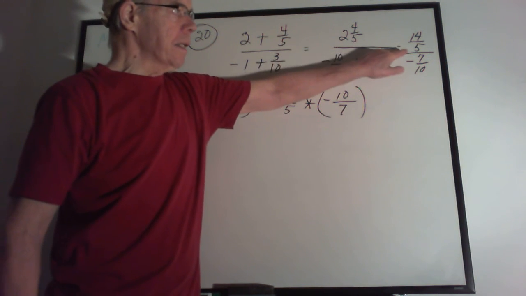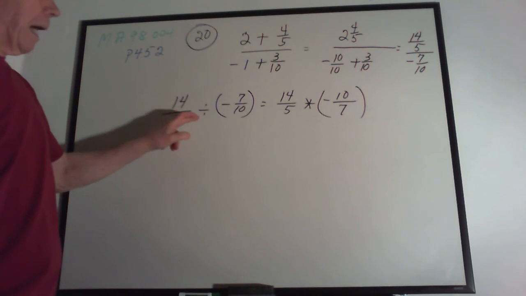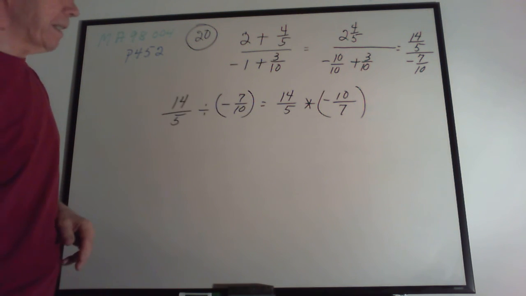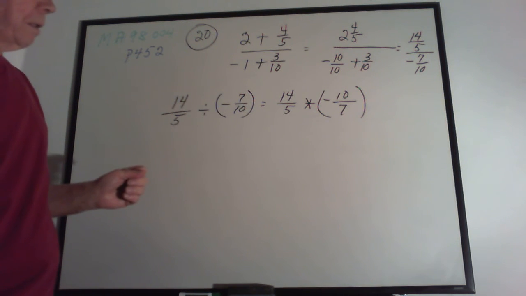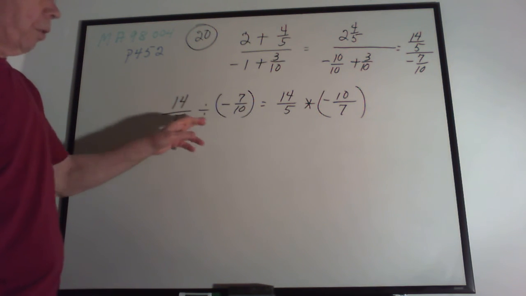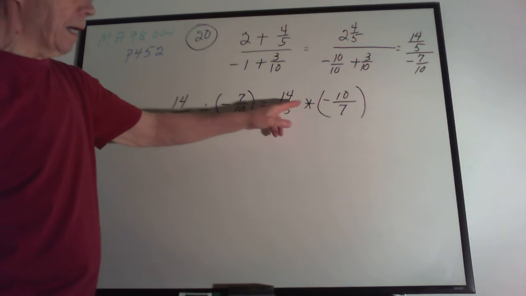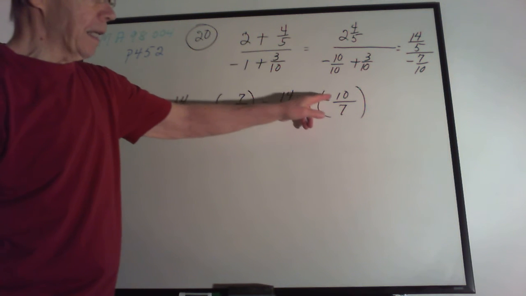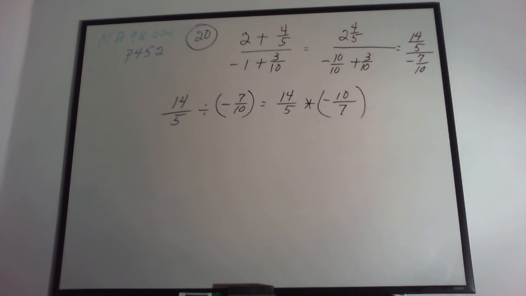This line here tells me to divide, so it's 14 over 5 divided by -7 over 10. Don't forget to put the parentheses. All right, that's important because it's -7 over 10. So 14 over 5 times -10 over 5. Go ahead and finish it. See what you do. Pause the video.